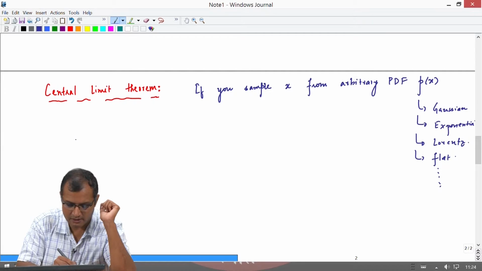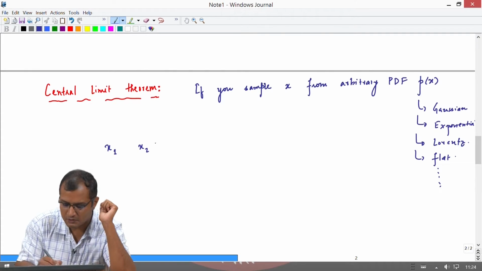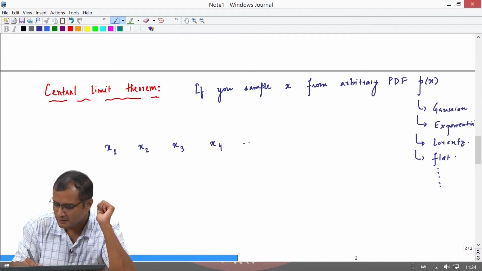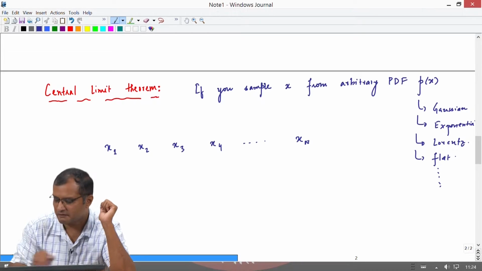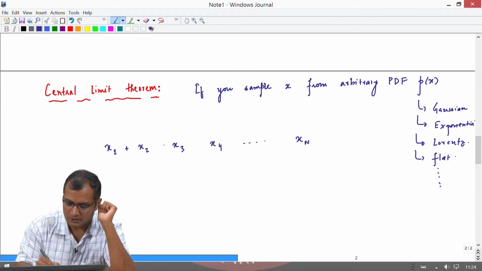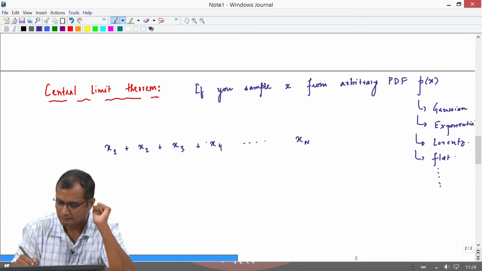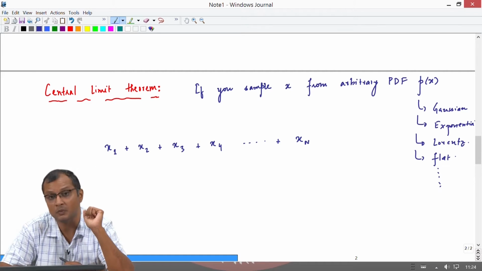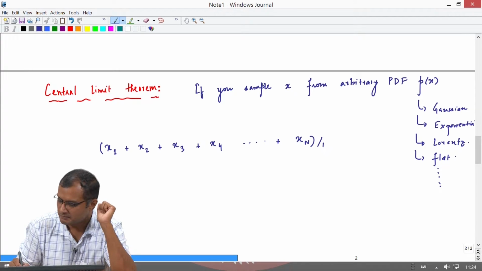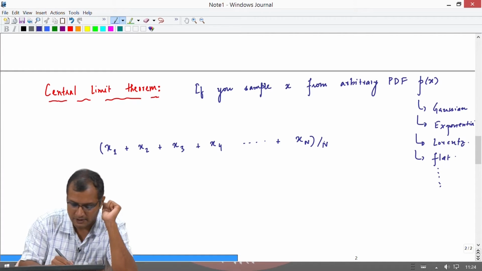Let us say you take n variables x1, x2, x3, x4 all the way to xn. You take n random variables from this distribution p of x, okay, and you compute the sum, and take the mean of this sum and call it a new variable s.